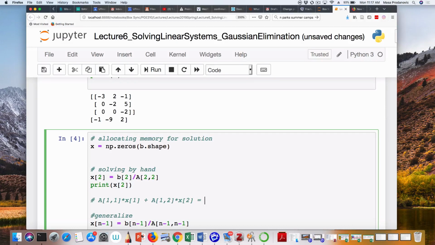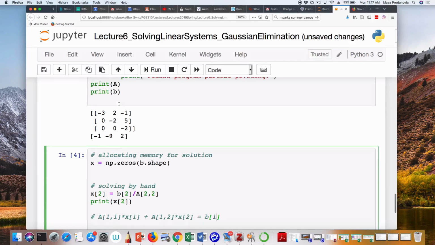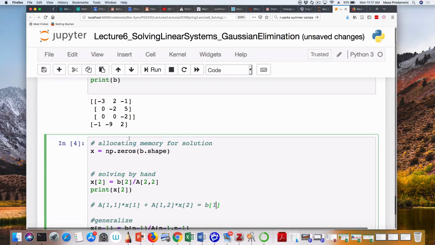That's equal on the right hand side to what? This is my A, this is my B. B of 1, correct? And I have a 0 leading a 0, so I don't need to work with x of 0, correct? That's my equation, where I'm trying to recover x of 1 from. Yes?